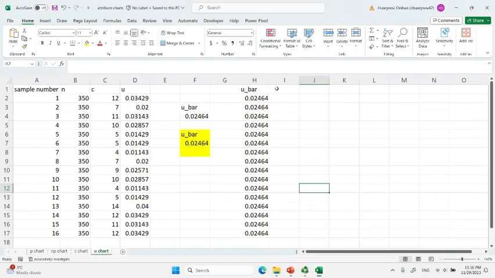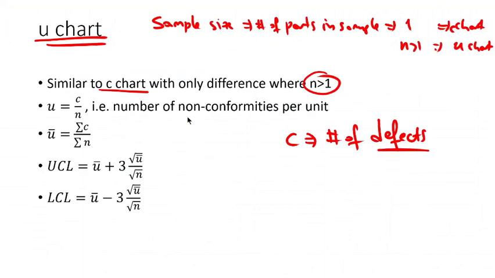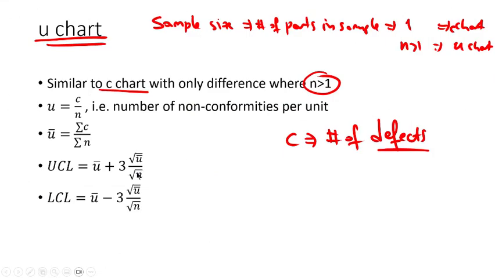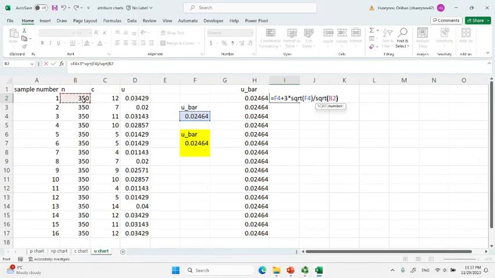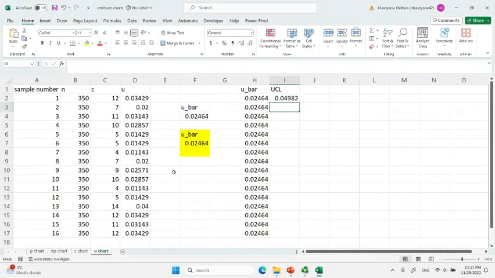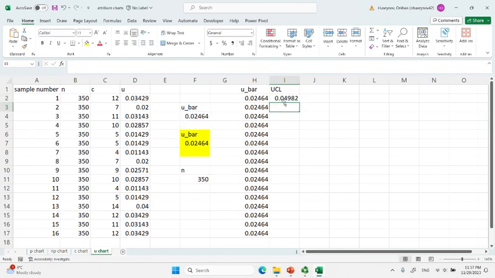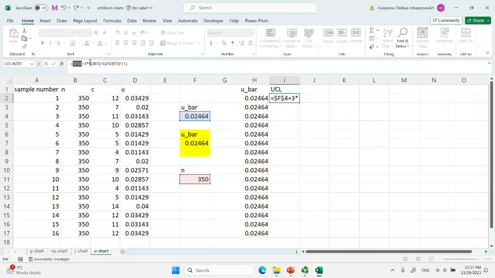Then the upper control limit will be equal to U bar plus 3 times the square root of U bar divided by the square root of n, and the value of n here is 350. So I add n here, 350, select it, and make all of them absolute references with dollar signs.